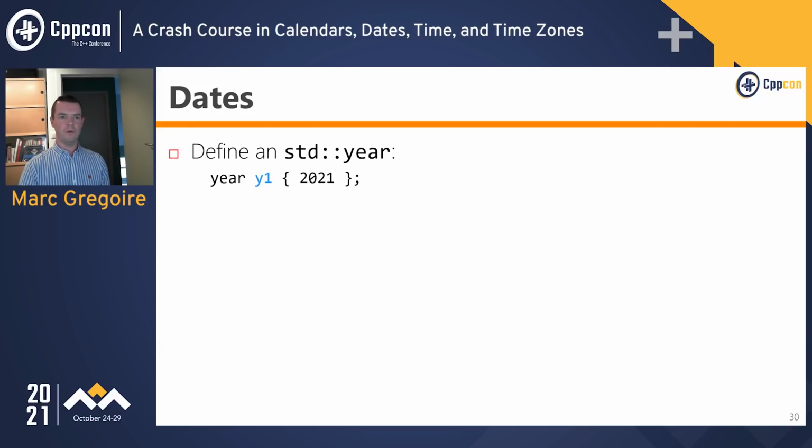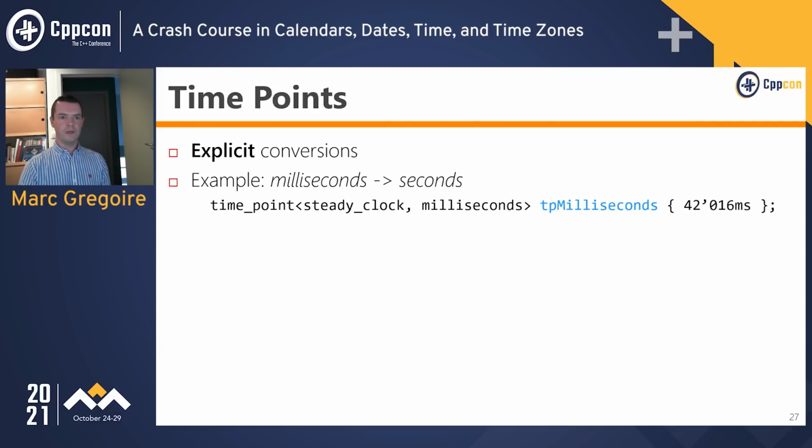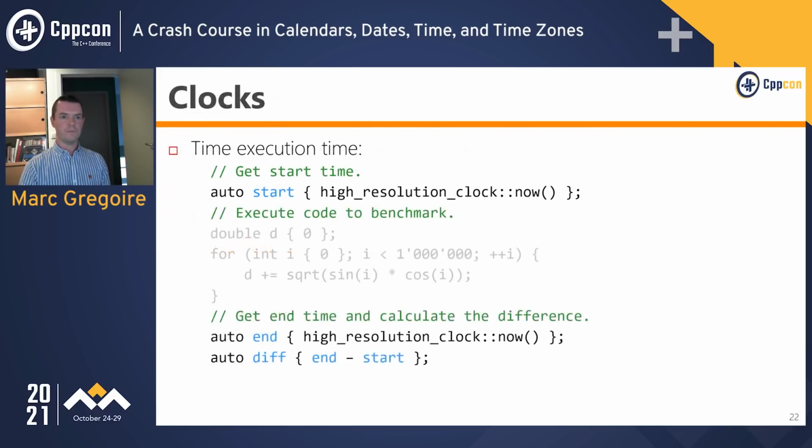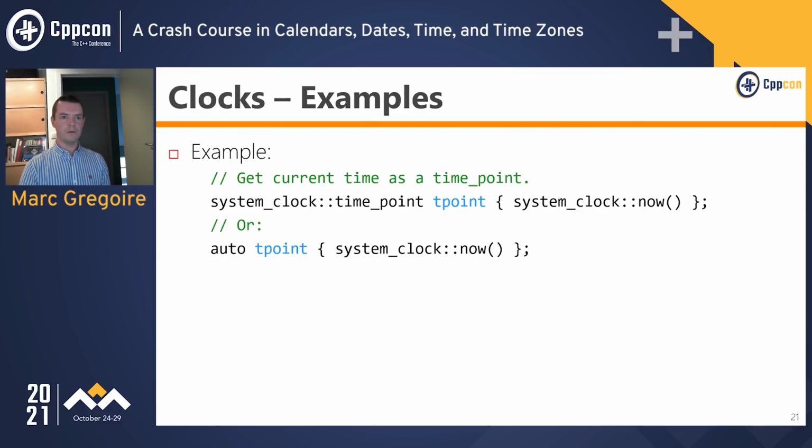They don't know the concept of AM or PM. The h standard user-defined literal does not know the context about AM and PM.